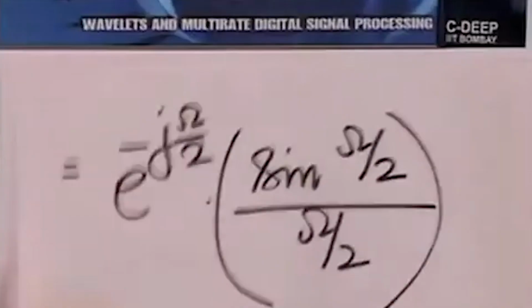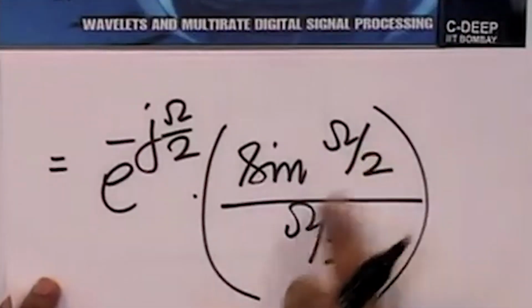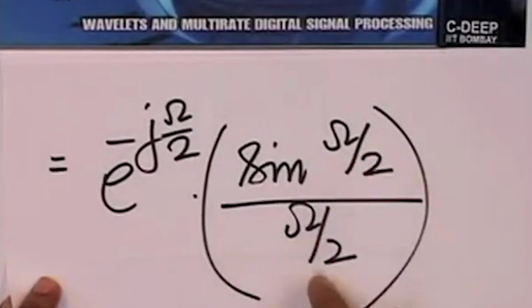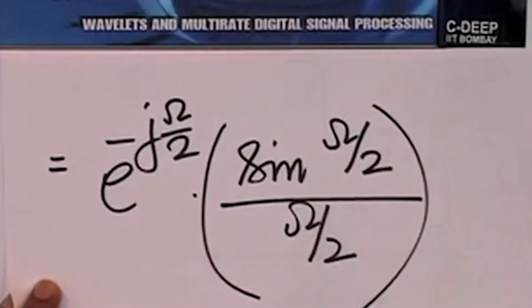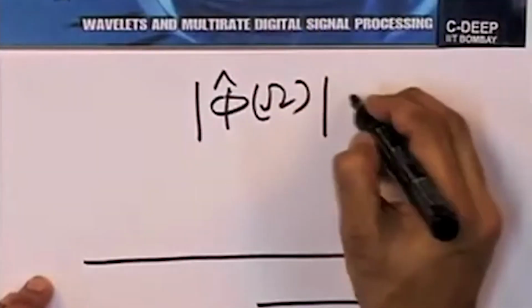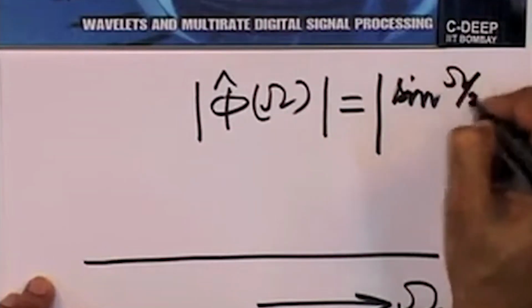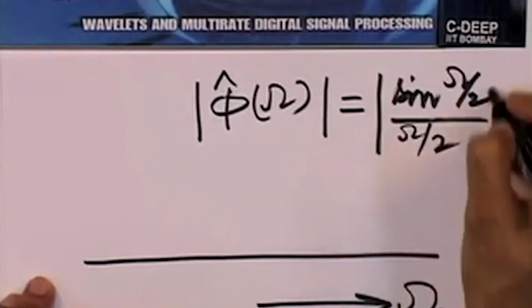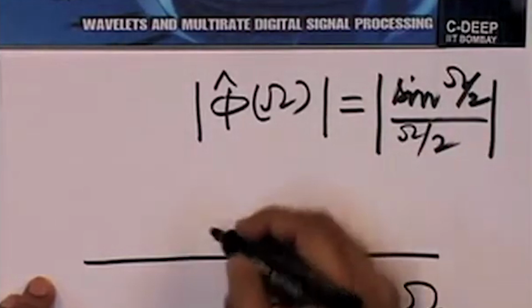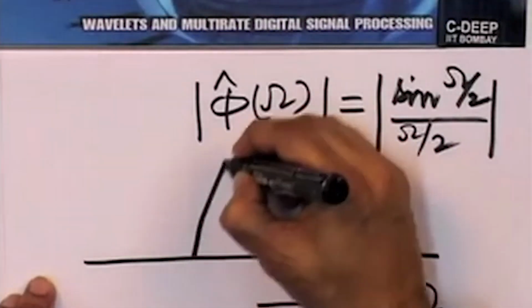You see, at omega equal to 0, you will notice that one can use L'Hopital's rule and show that this is equal to 1 in magnitude. So, it has a pattern like this.